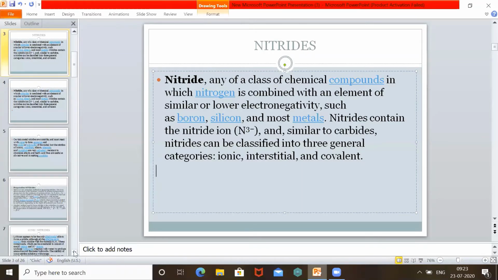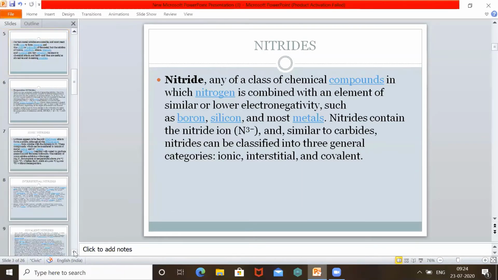Cyanogen produces a flame whose temperature will be up to a maximum of 4,000 degrees centigrade. Similarly, we have boron nitride. Its structure is similar to boron carbide and it is also a very hard substance. Boron nitride is used in the preparation of crucibles because of its inert nature.